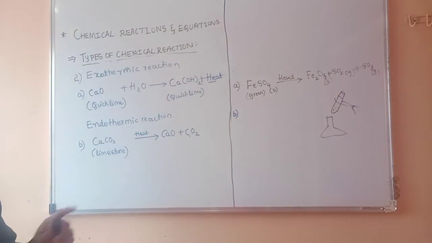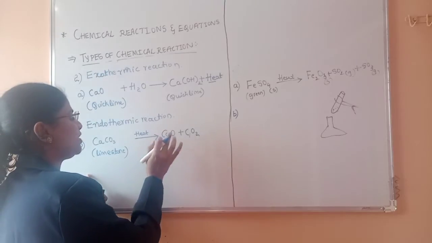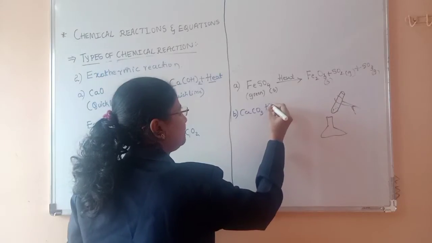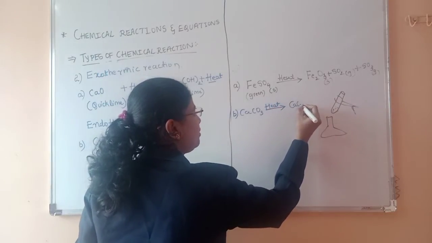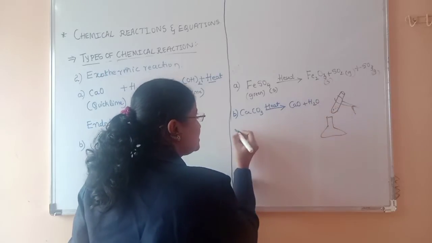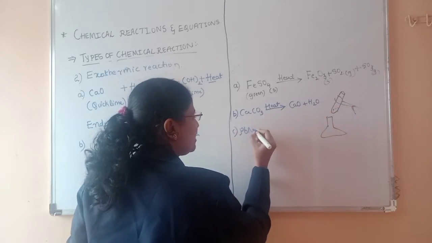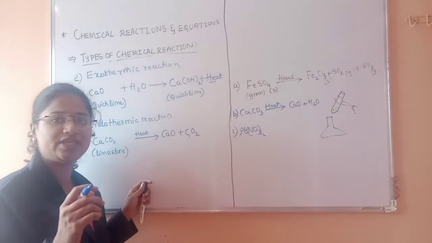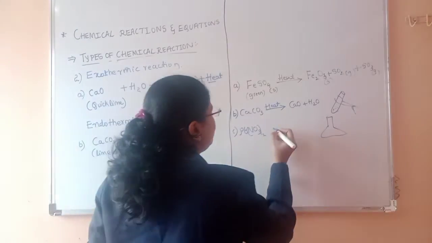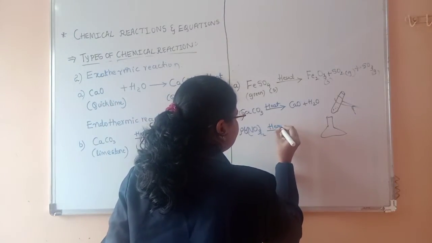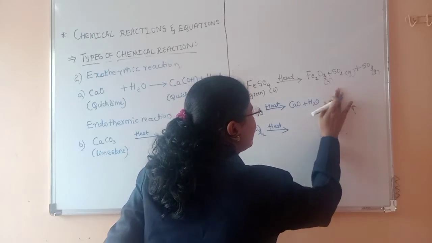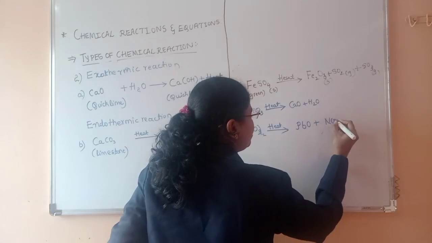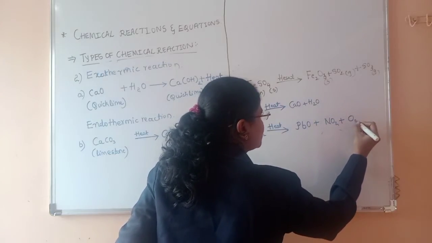When you heat calcium carbonate, you will get calcium oxide plus carbon dioxide. Similarly, when you heat lead nitrate, Pb(NO3)2, we will get the products lead oxide plus nitrogen dioxide plus oxygen.